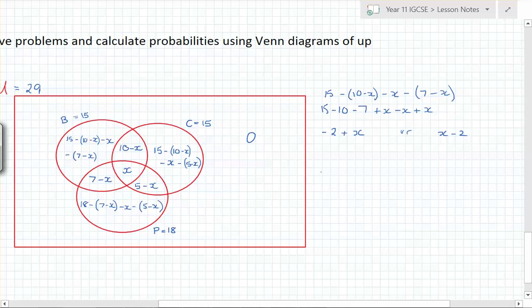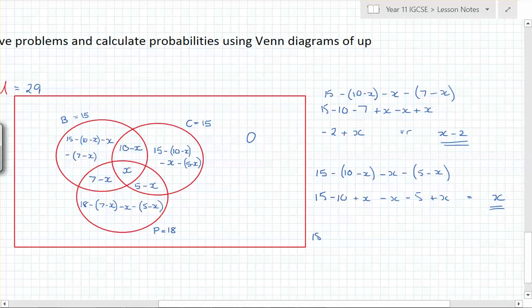And same with the other one. 15 minus (10 minus x) minus (5 minus x) gives me 15 subtract 10 plus x minus x minus 5 plus x. So that would be just x minus 2, I've got x.